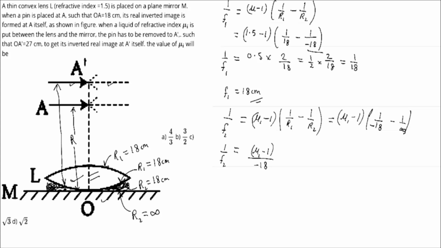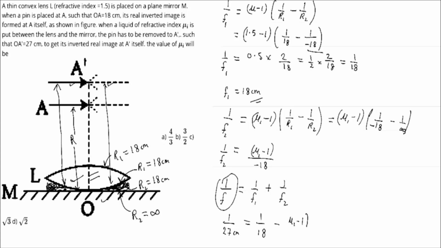So we have the combined focal length as 1 upon F1 plus 1 upon F2, and this 1 upon F is 1 upon this length which we have found, and this length is 27 centimeter, equal to 1 upon F1 which is 18, and this minus will come to this side, so it will become minus mu1 minus 1 upon 18.